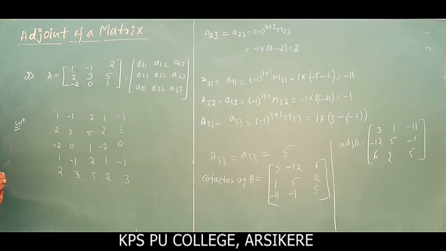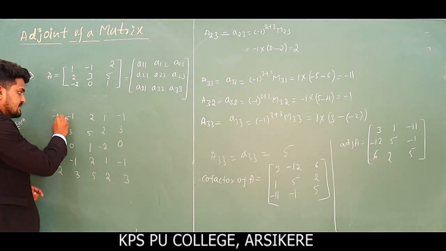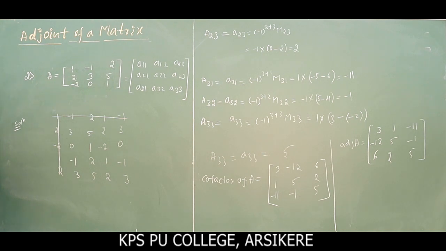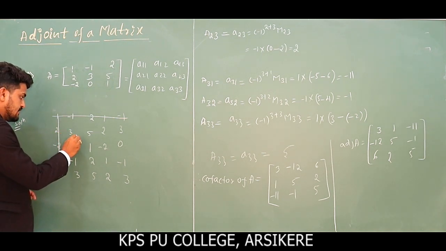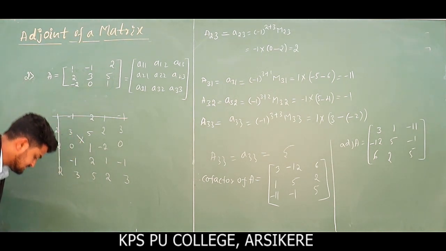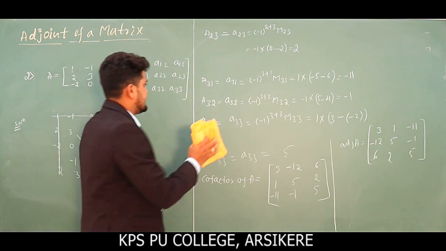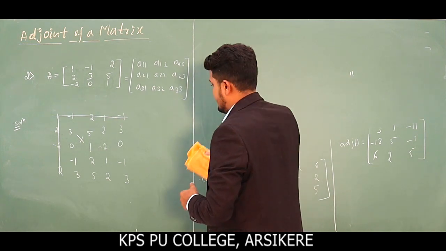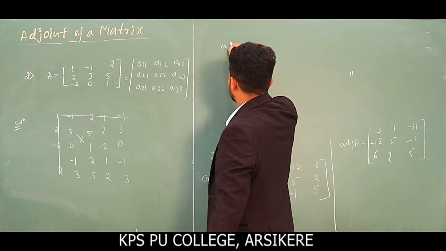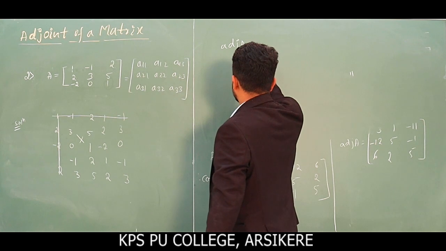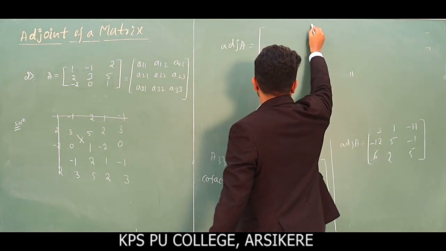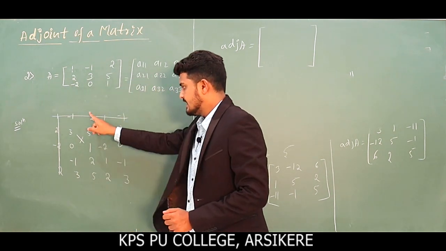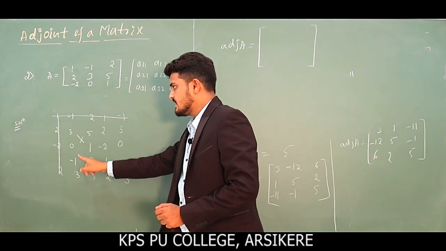So see here. Next step, eliminating ith row jth column. So next directly you write the value of adjoint A. So adjoint A is equal to, if you are calculating in row or column, write in row.